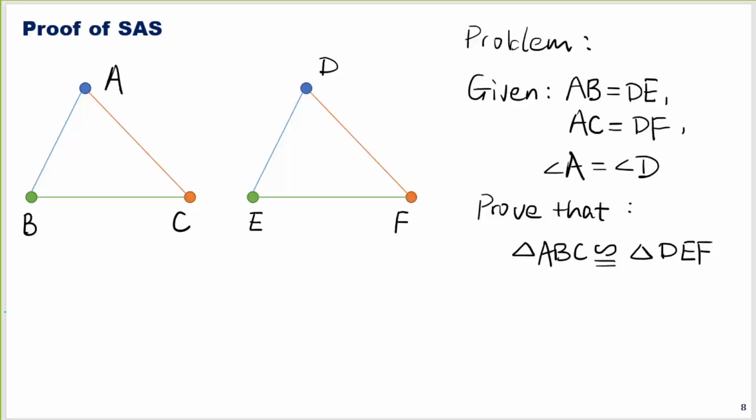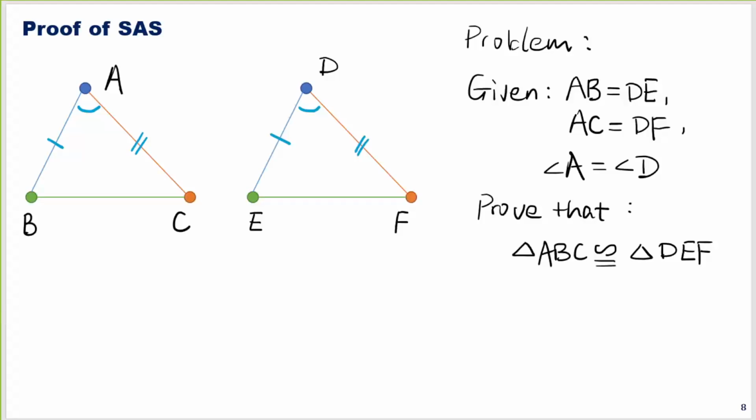Given two triangles here, ABC and DEF, given AB equals DE, AC equals DF, and the angles in between are also congruent, can you prove triangle ABC is congruent with triangle DEF?